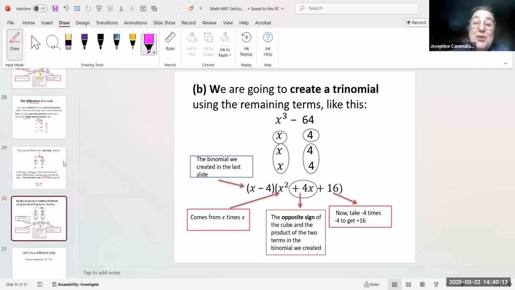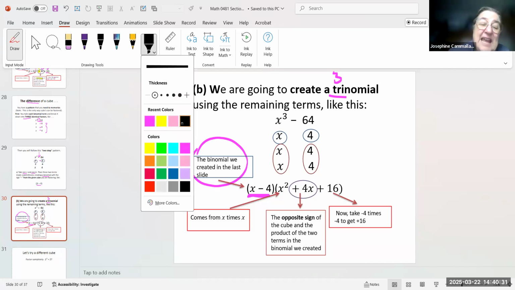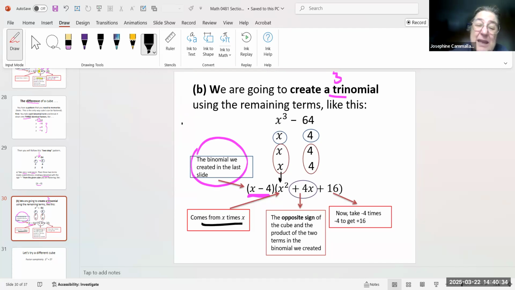Now, my trinomial part for my cube, well, again, we're taking x minus 4. But notice what we get. x times x is giving me x squared. The opposite sign, well, if this is minus, this has got to be plus. And it's 4x. That sign changes. And then we have the last two, negative 4 times negative 4.